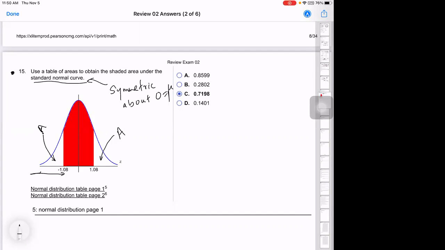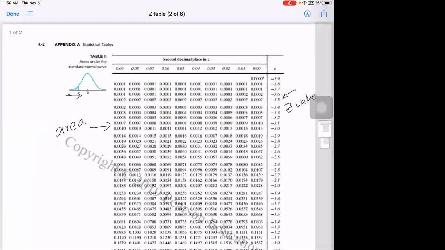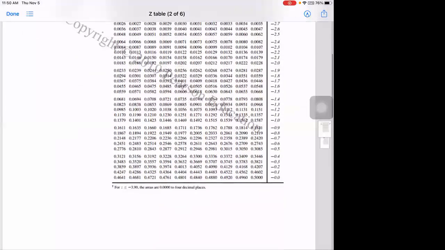Find the area which belongs to Z value negative 1.08. So let's find this area. Now the Z value is negative 1.08.